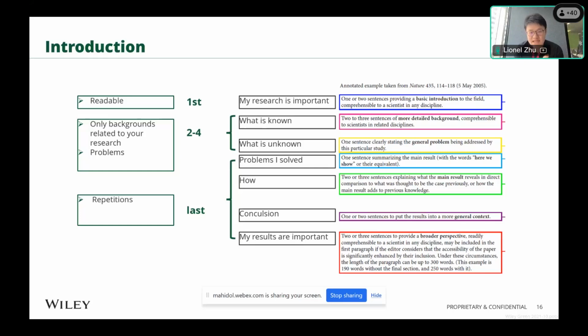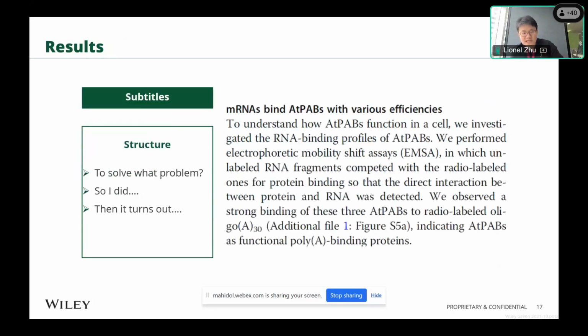For you, many things are obvious, but for the handling editor, maybe not. So you need to stress the novelty and the significance again and again in your scientific papers. As for the results, it's the same. To solve what kind of problems, so I did this, then it turns out that. So let's keep the structure fixed.